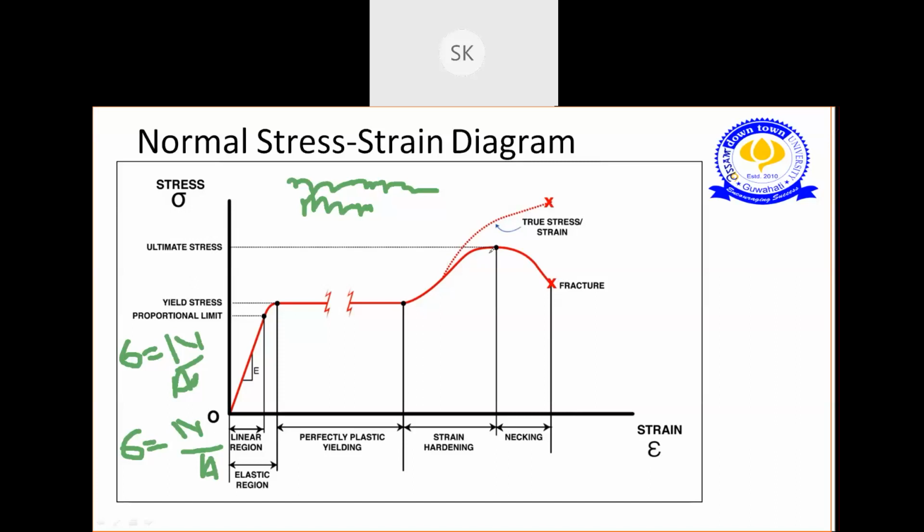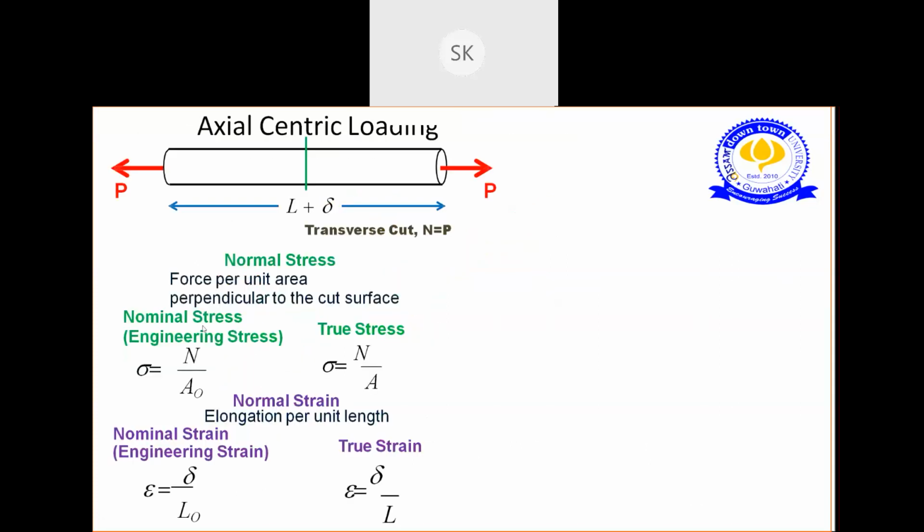Someone may get confused how this true stress comes up in the upper direction and how this nominal stress comes in the lower direction. Just think conceptually. Let me show you the previous slide. What was the nominal stress? It was force per unit area, which was the original area, and true stress was N by the area which we get after deformation.